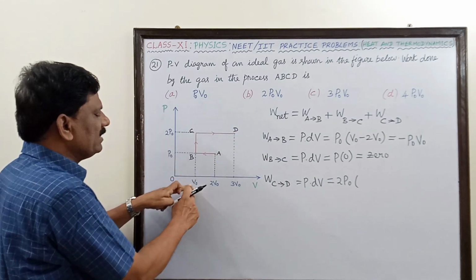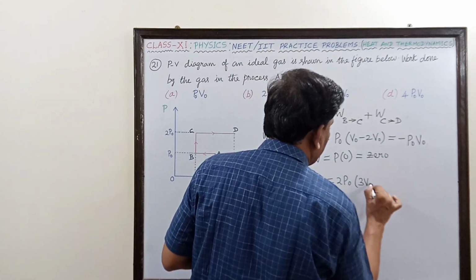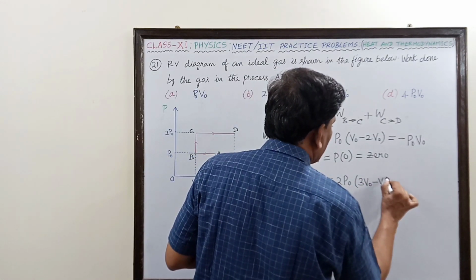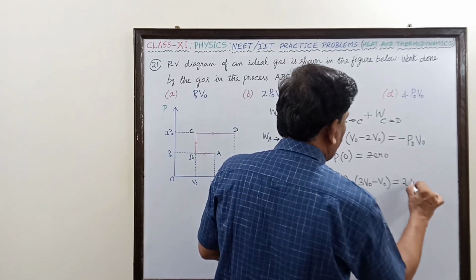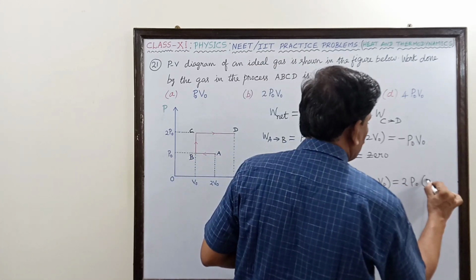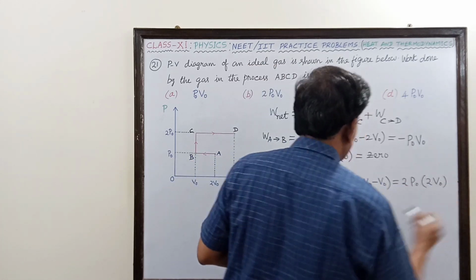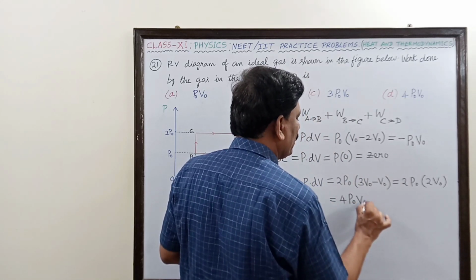The initial volume at C is V0. So the final volume 3V0 minus V0. So this is equal to 2P0 into 3 minus 1, which is 2V0. So this is equal to 4P0 V0.